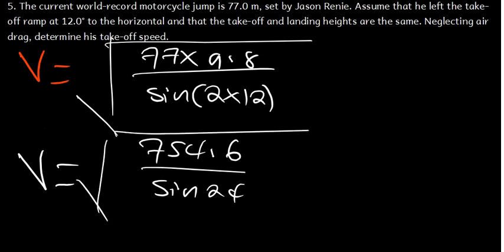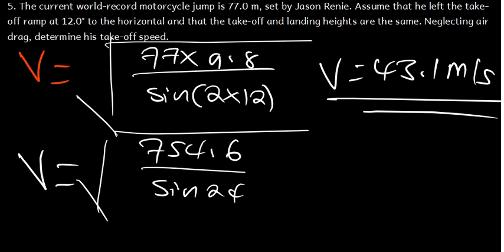So 754.6 divided by sine 24, and then I get the square root. So I'm getting my velocity v to be equal to 43.07, which is the same as 43.1 meters per second. So that is it for question 5.